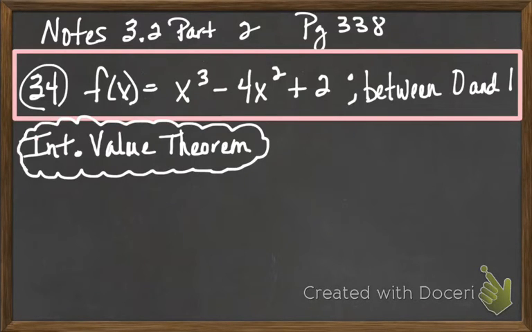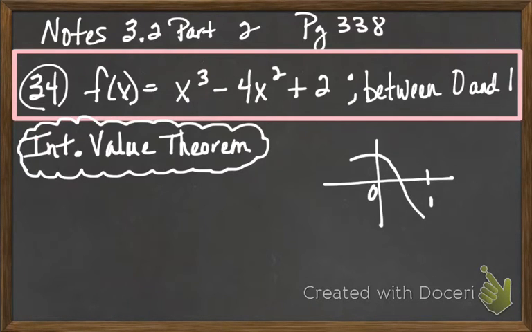And this is just a process that's asking you to prove that your graph, and we're not having a graph here, but I want to give you a visual. So if this is 1 on the x-axis, they're wanting you to prove that your graph is going to cross the x-axis somewhere between 0 and 1.